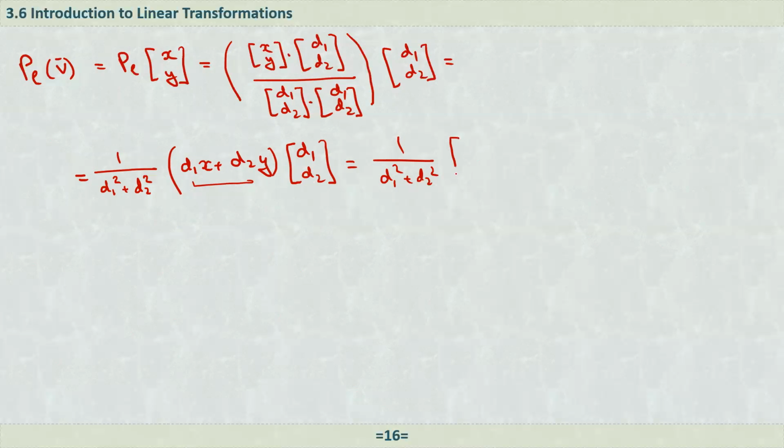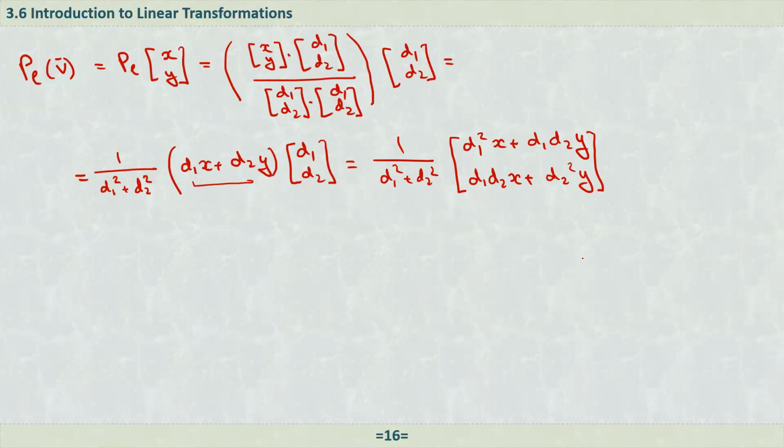Here we will have the vector: the first component is d1 squared x plus d1 d2 y, and the second component is d1 d2 x plus d2 squared y.